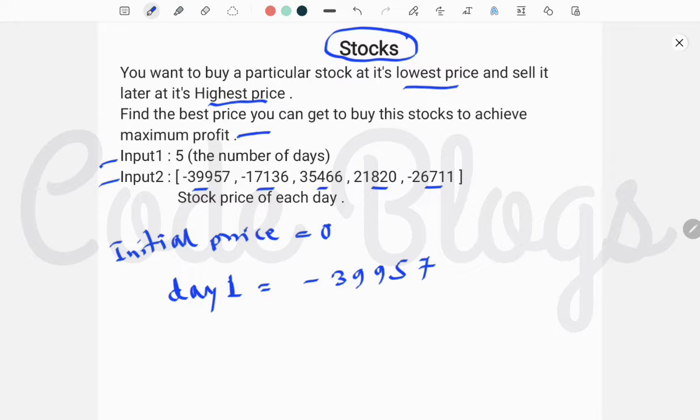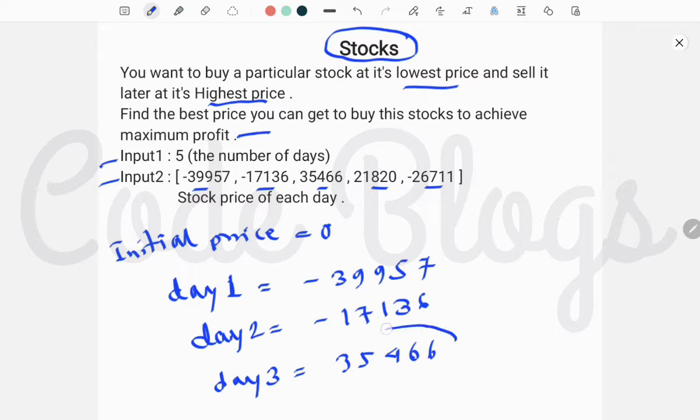On day 2 the value will be increased because the value becomes 17,136. So the value will be increased, and on day 3 the value becomes 35,466. Now the value becomes positive.